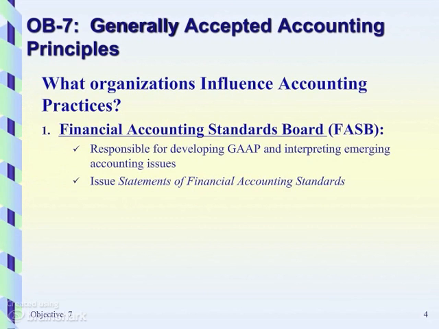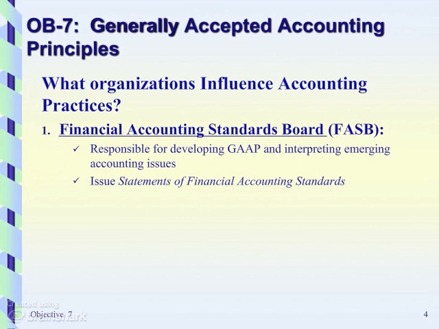So what are some of the organizations that influence generally accepted accounting principles? Well, the first and foremost is the Financial Accounting Standards Board, otherwise known as FASB. FASB is considered to be the most important body for developing and issuing rules on accounting practices.